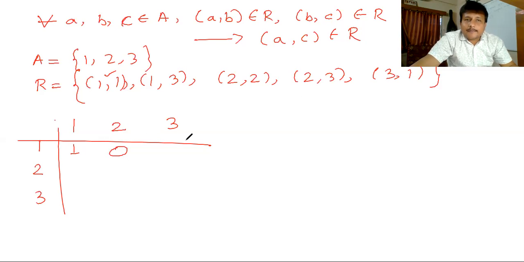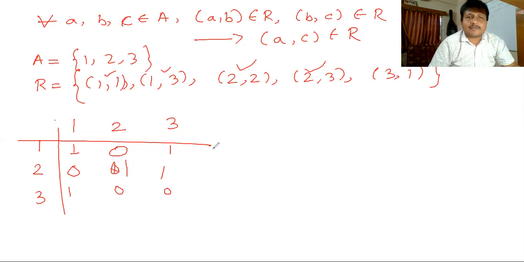What about (1, 3)? Yes, (1, 3) is there, so mark it with unity. What about (2, 1)? No, (2, 1) is not there, so mark it with 0. As before, (2, 2) can be found, so for (2, 2) you put, oh sorry, it's not 0, but 1. (2, 3) you again put 1 because it is there. (3, 1) is 1, (3, 2) is 0, and (3, 3) is again 0.